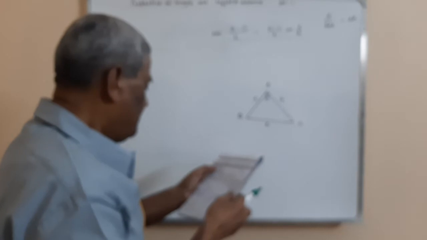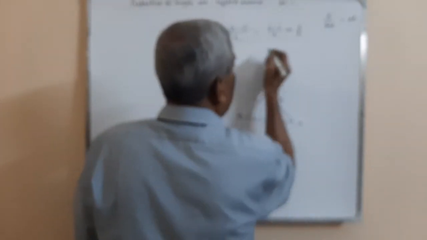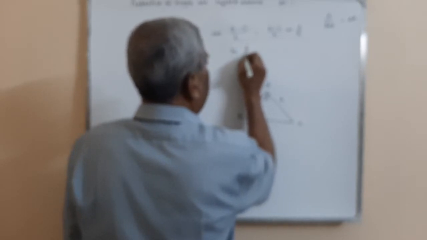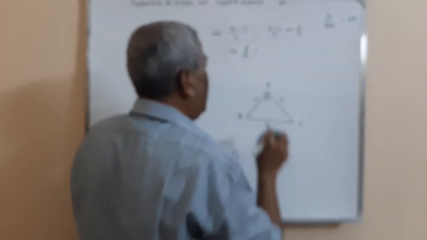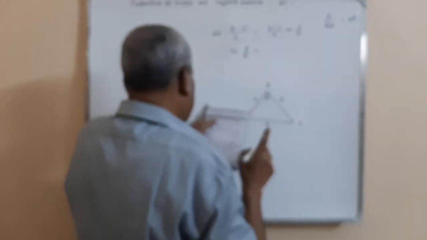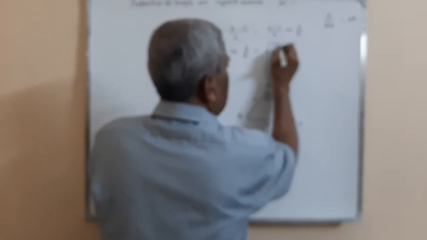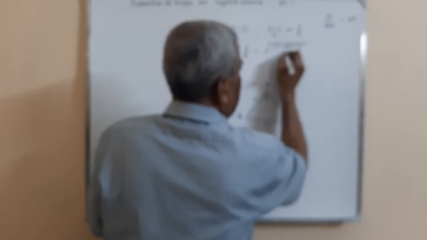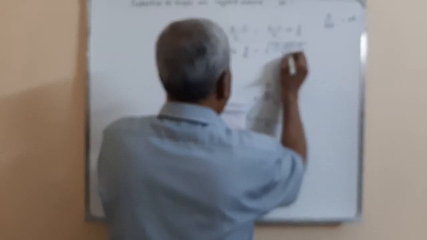Next is the half angle formula. The sine of A by 2, where A is the angle and A by 2 is the half angle, is root over of (s minus b) into (s minus c) by b into c.